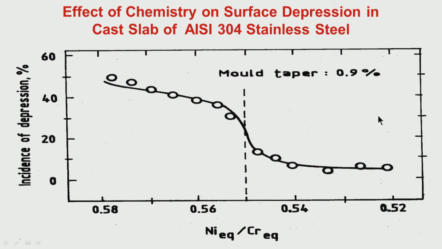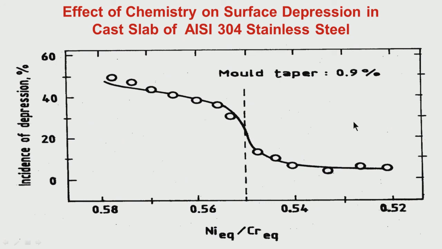You can have a lot of surface depression, and surface depression is bad because under this depression you may have cracks. While you are rolling the material, those cracks will come to the surface and the final rolled product will have a lot of surface cracks, and there is a high incidence of rejection because of that. So, to take care of that, to improve the quality together with optimum casting parameters, you can use this strategy of minor adjustment of chemistry to bring down the incidence of depression.